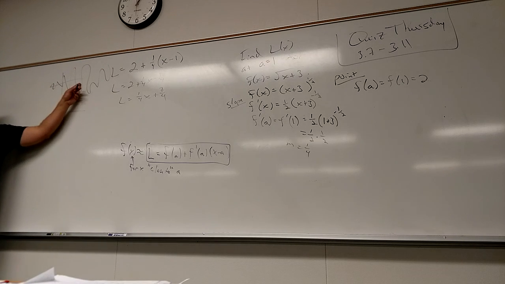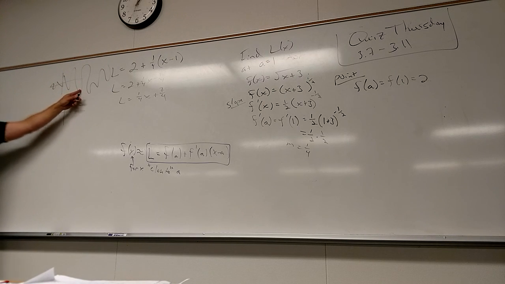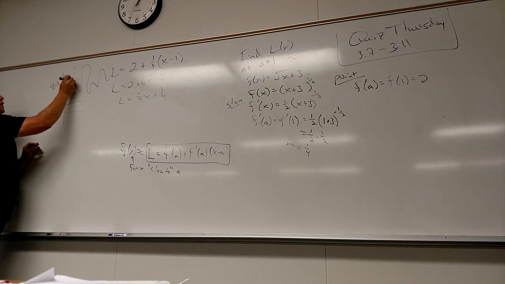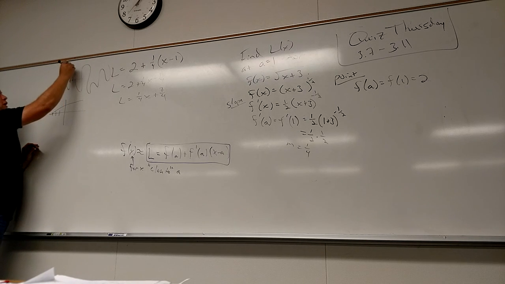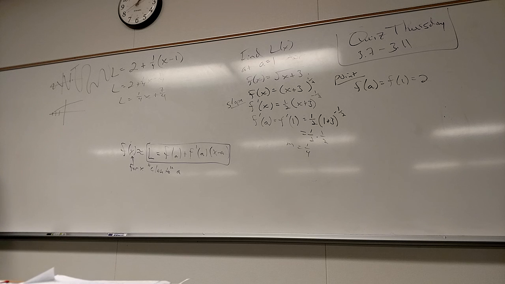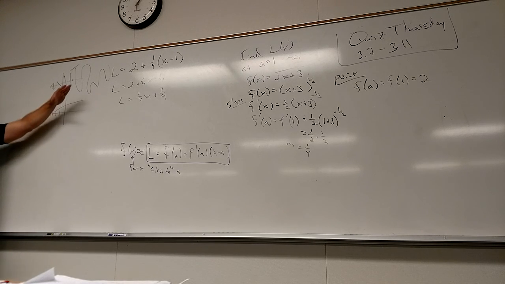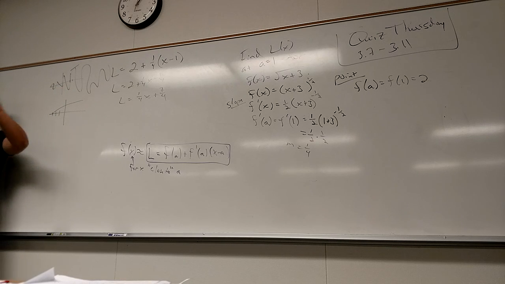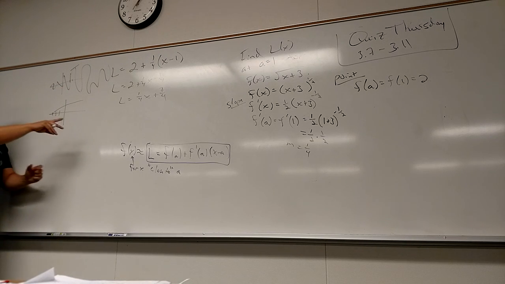A not well-behaved function would be one where a very small change in x causes a very drastic change in the slope at that point. That's one way a function could misbehave. So this is a nice, well-behaved, smooth function. It doesn't change very quickly.